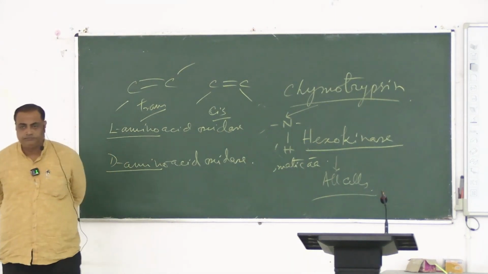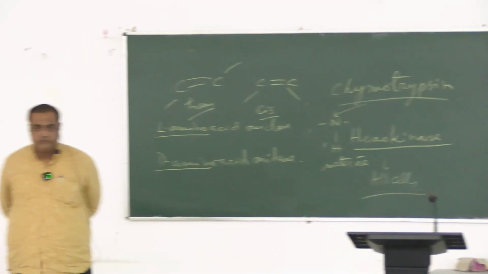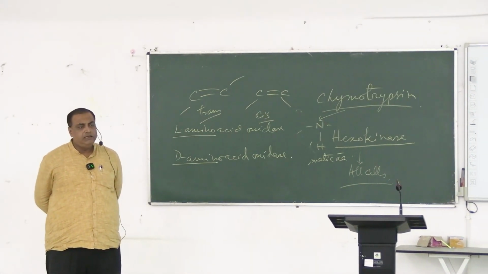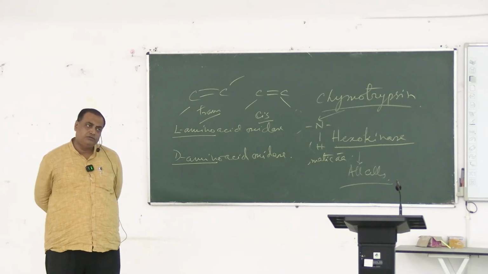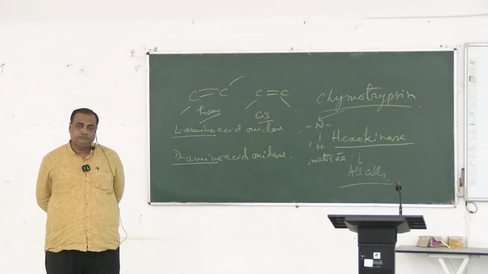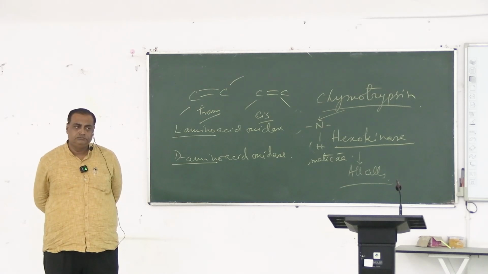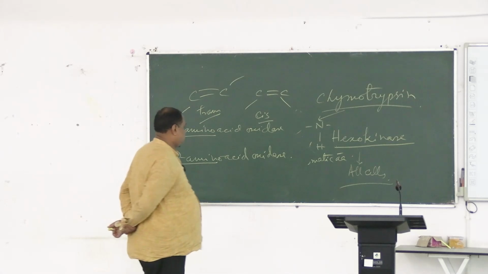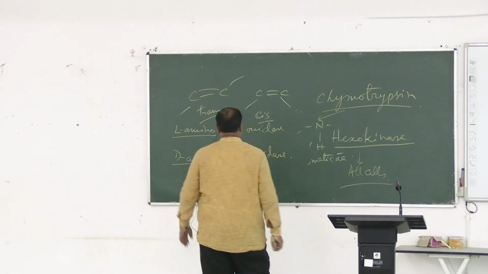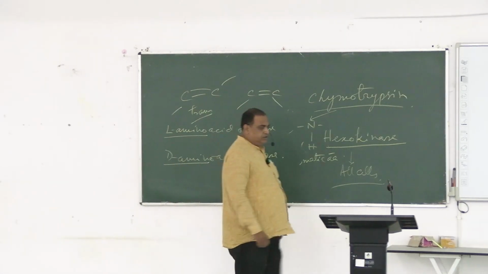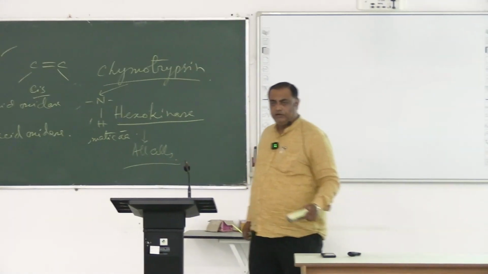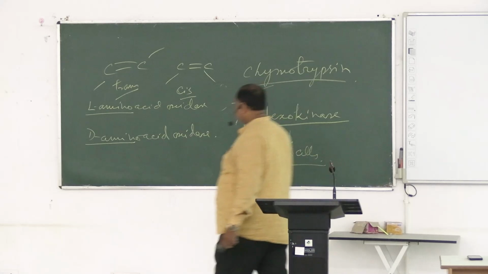Correct? Cis and trans. Can you tell me any enzyme which functions on trans but not on cis? See, the enzymes which participate in the formation of eicosanoids function on cis fatty acids.